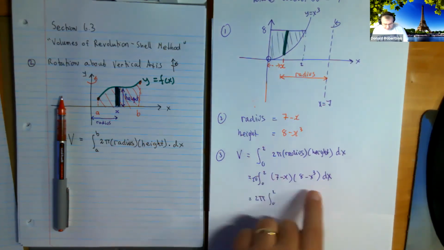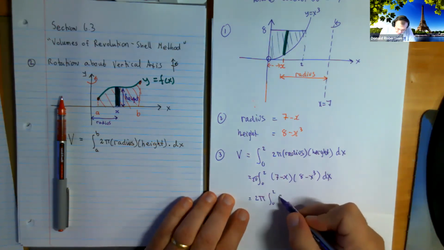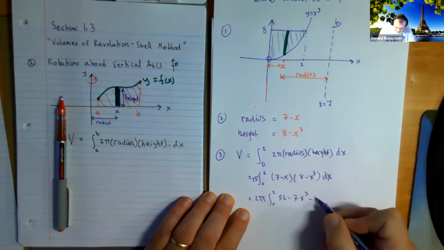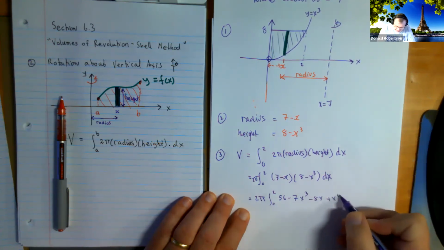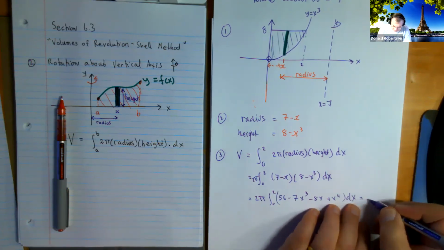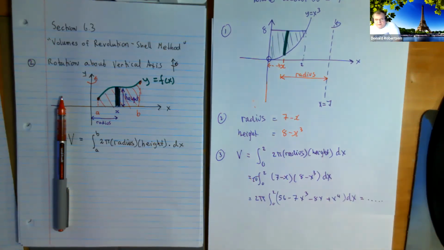I'm just going to FOIL this horrible mess out, see what we get. 56, that guy, and that guy. And then you've just got some horrendously big power rule to do.